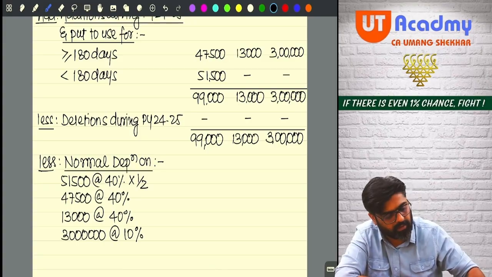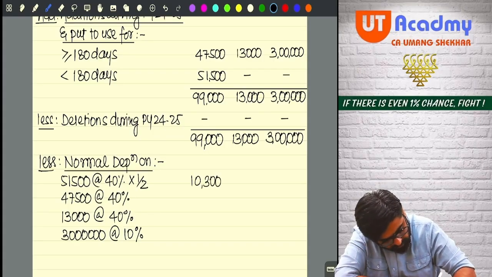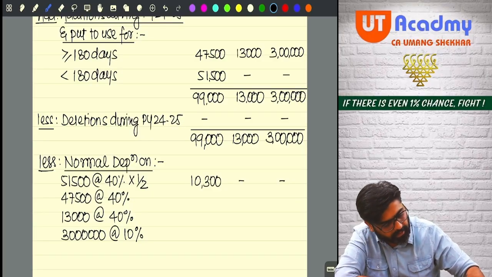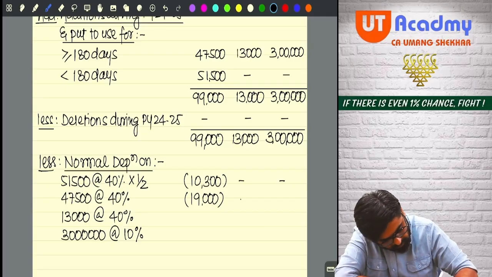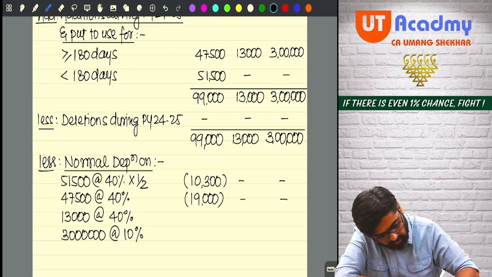Now calculation. 51,500 into 20% will give me 10,300. 47,500 into 40% will give me 19,000. 13,000 into 40% will give me 5,200.